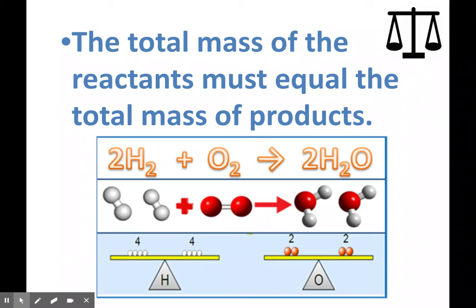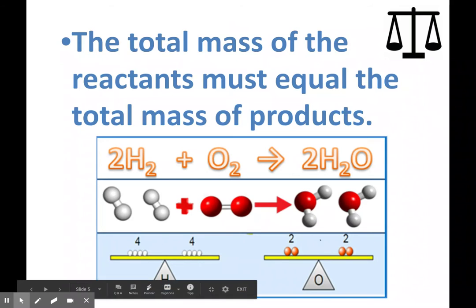But sometimes maybe there are gases produced that escape, and so the mass might be a little off. But in a chemical reaction where we're able to capture all of the ingredients and all of the substances produced, then the mass before and the mass afterwards should be equal.